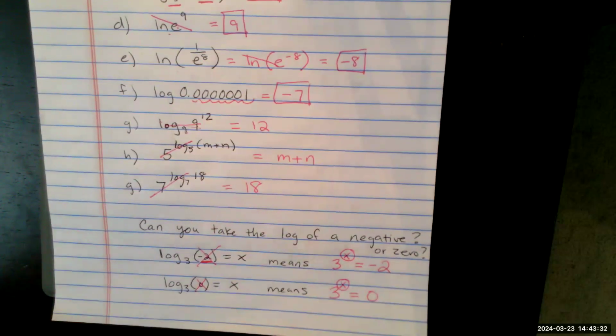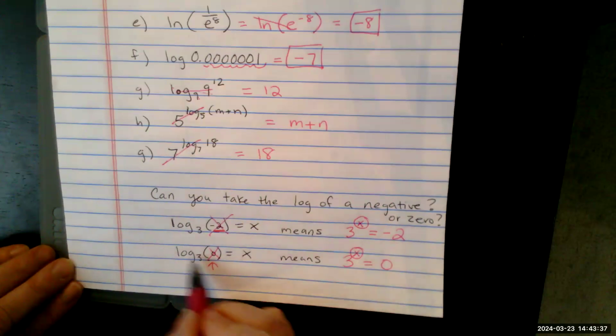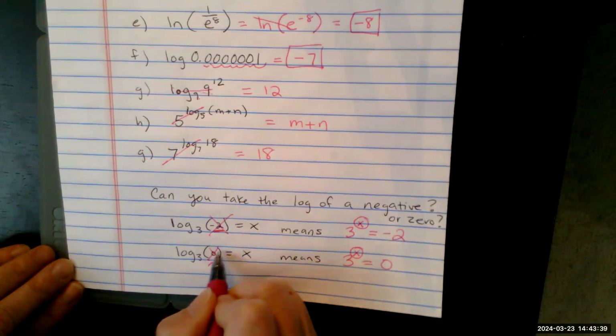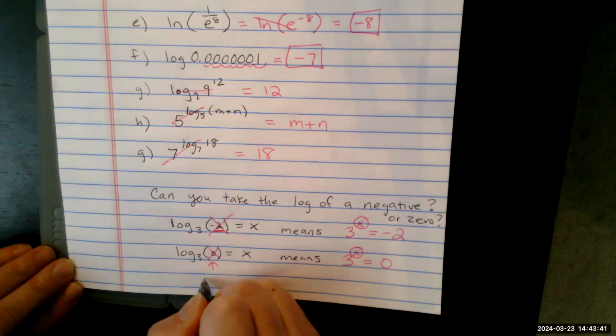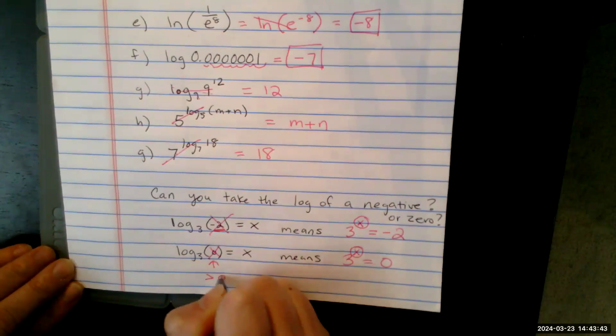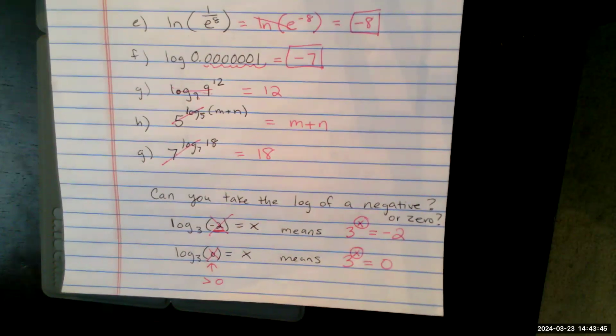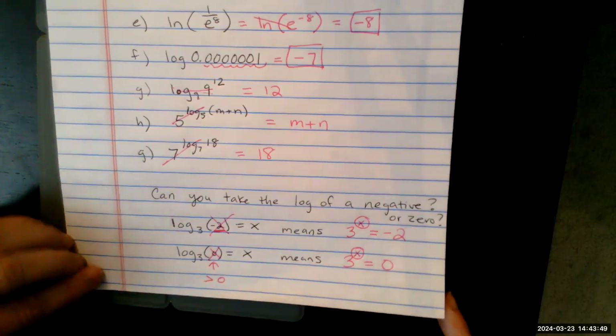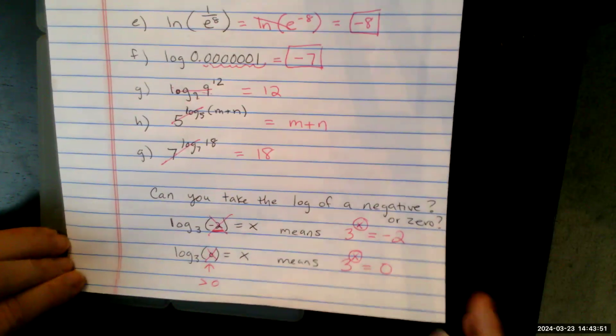So this can't happen either. So that means whatever we're taking the log of, so whatever goes here, needs to be greater than 0. It cannot be negative, and it also cannot be 0. So that's going to be important when we start doing domains.